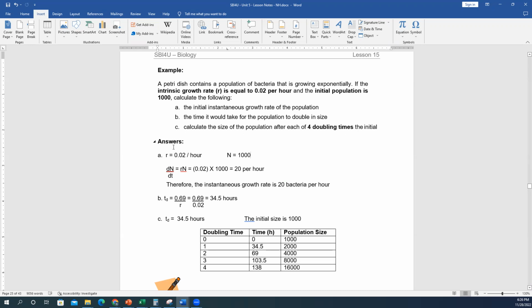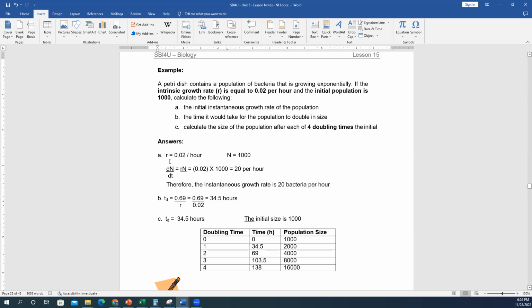So to answer this question, we write down what we know. We know that our intrinsic growth rate R is equal to 0.02 per hour. We have N, our initial population size, equal to 1,000.